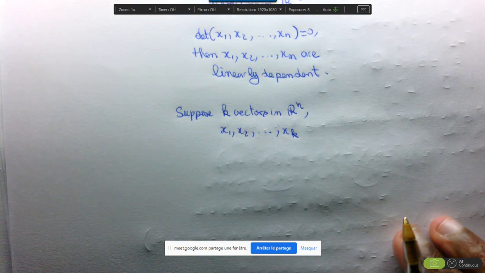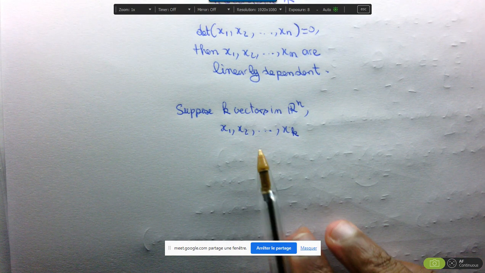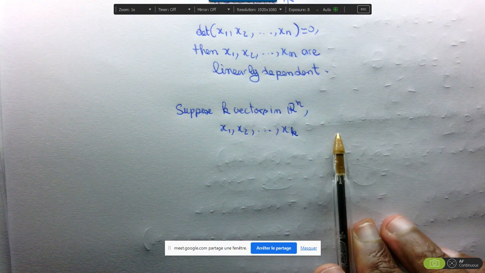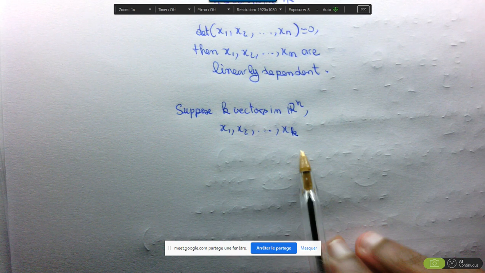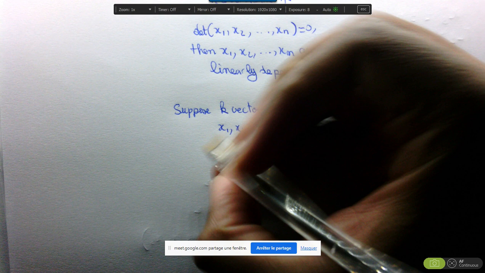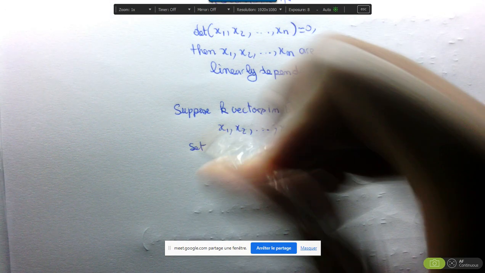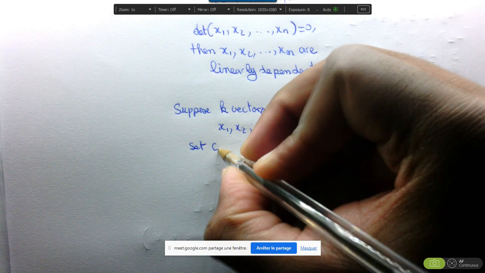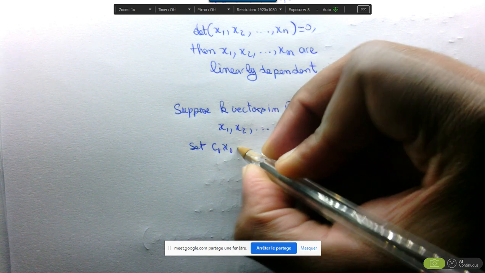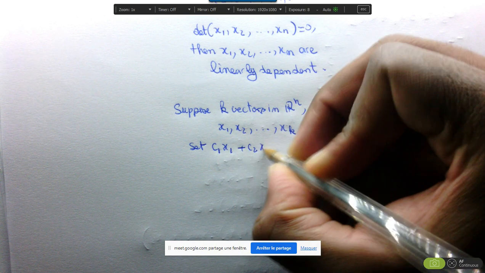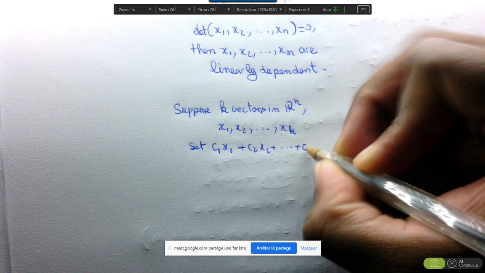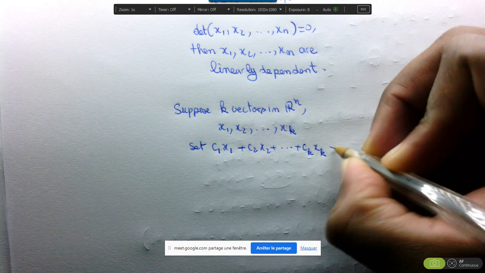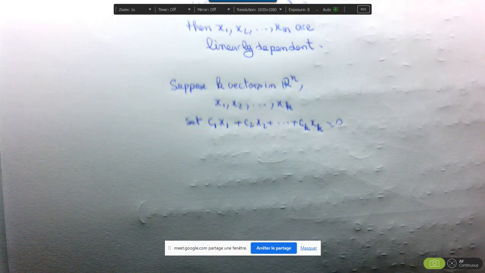To determine whether these vectors are linearly independent, you need to set c1 x1 plus c2 x2 plus ck xk equal to 0. Now you need to find the value of these coefficients.